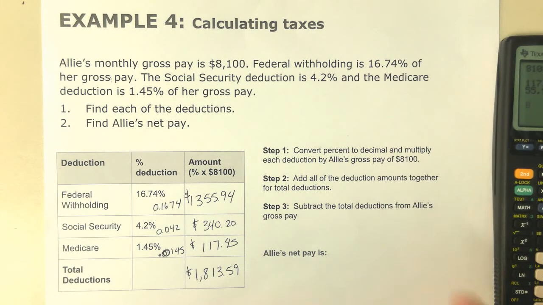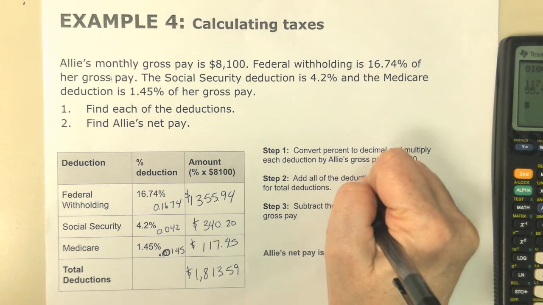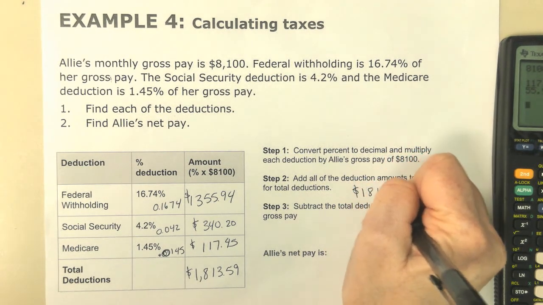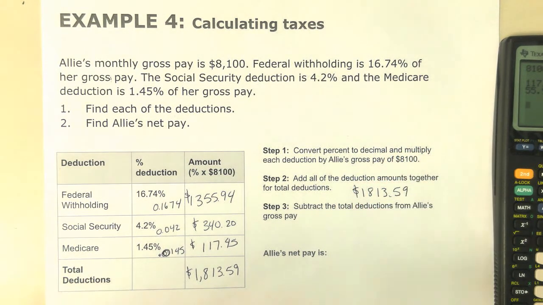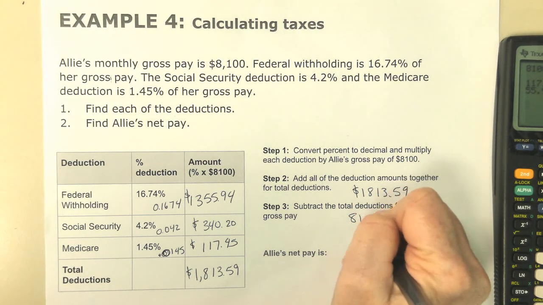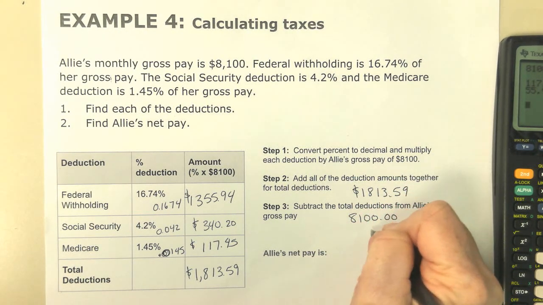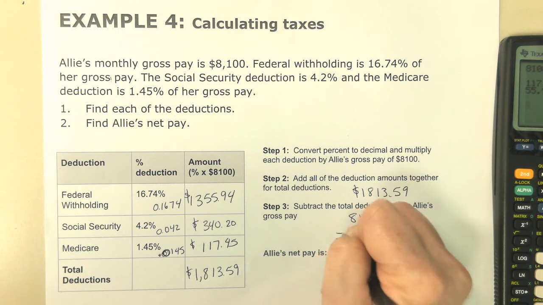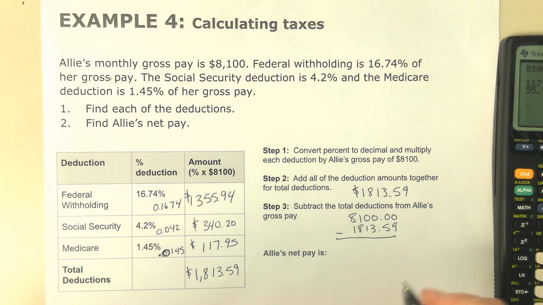Okay, so all of her deductions total 1,813.59. Now we're going to subtract that from 8,100, and we get her net pay.